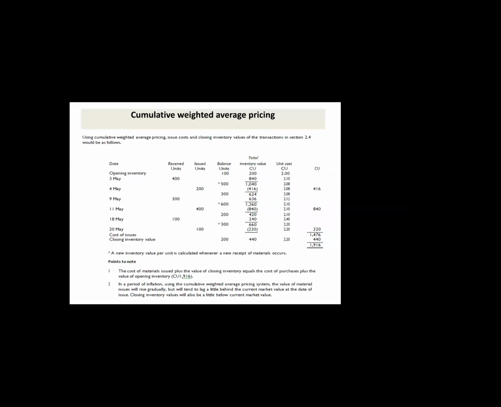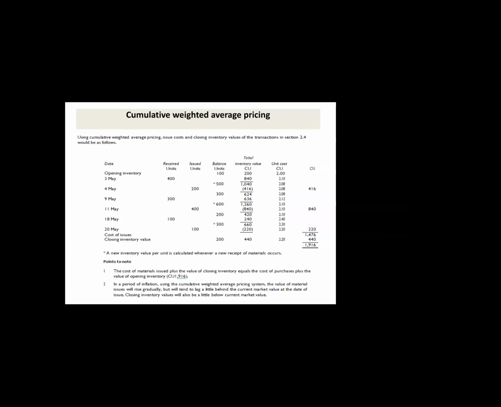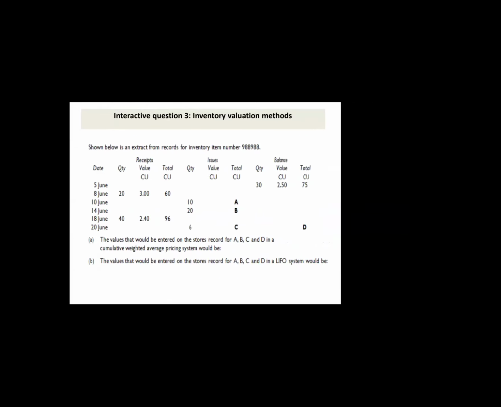Closing inventory value will also be a little below current market value, because as we calculate all product in inventory, whatever we received earlier or recent, we use the average price. That's why the market price of inventory is higher than our cost price.